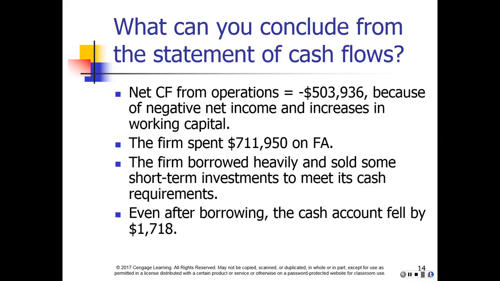The firm spent $711,950 on fixed assets. We saw that by looking at the difference between the gross fixed assets from one year to the next. The firm borrowed heavily and sold some short-term investments to meet its cash requirements, right? That's why short-term investments were down, and both notes payable and long-term loans were up.